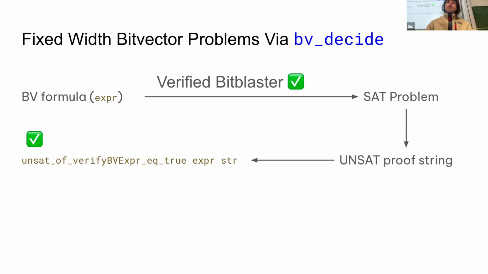So bit blasting is where you take a bit vector based expression and you produce a SAT expression that corresponds to it. The reason it's not direct is because if you think of a bit vector level expression like multiplication, there are many circuits that implement that as a Boolean circuit, and each of these different circuits may have different performance impacts on the SAT solver itself.